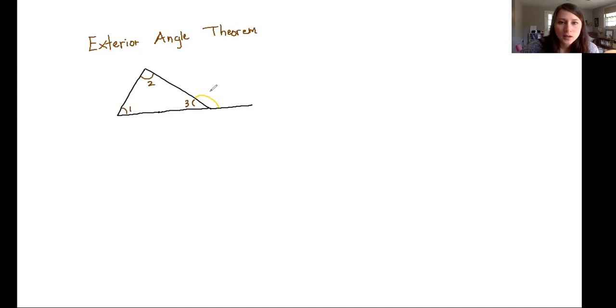Basically, this yellow angle would be the sum of angles 1 and 2. So angle 1 plus angle 2 is what this angle measure would be.